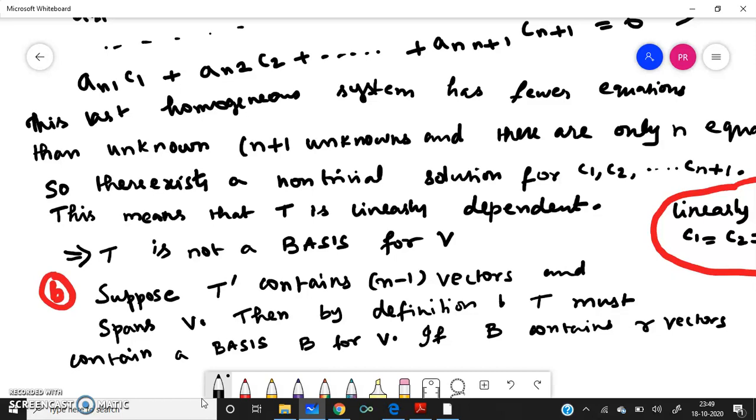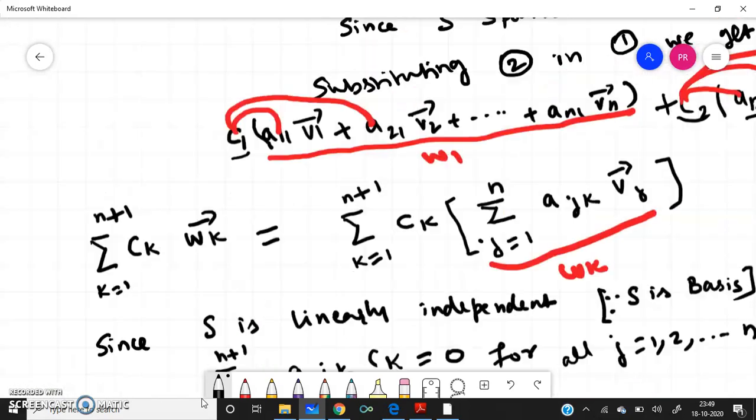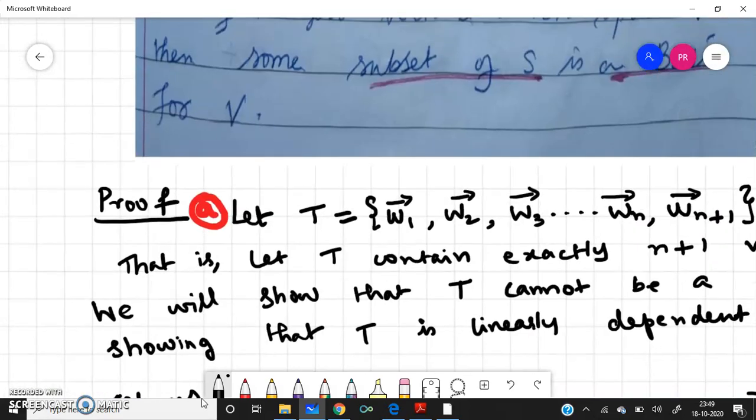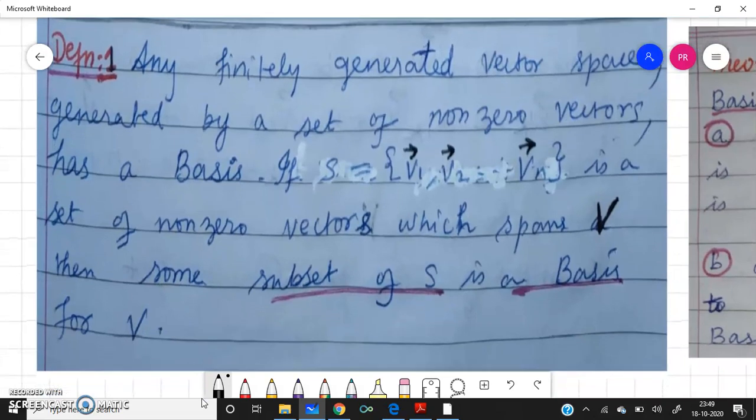But what does definition 1 say? Here we have definition 1, right? What is definition 1? Yes, here is our definition: any finitely generated vector space, generated by a set of non-zero vectors, has a basis. Finitely generated means span. If S spans V, then it should contain a subset, and that should be a basis.